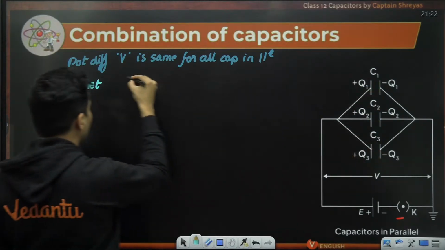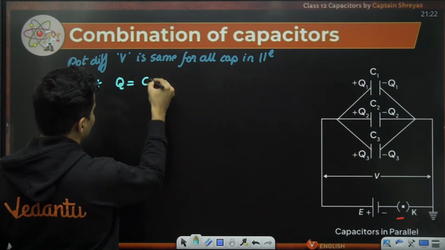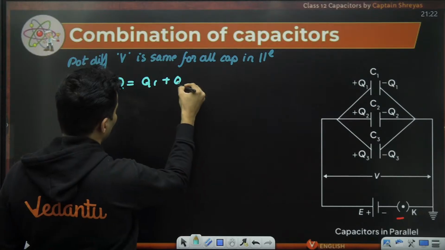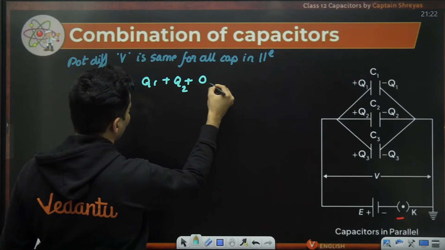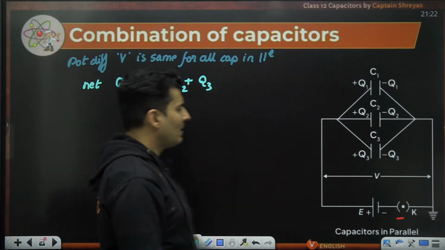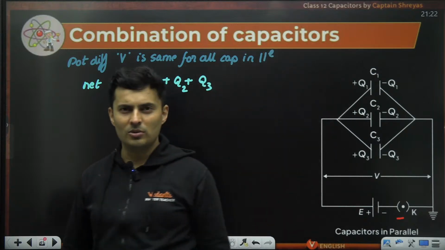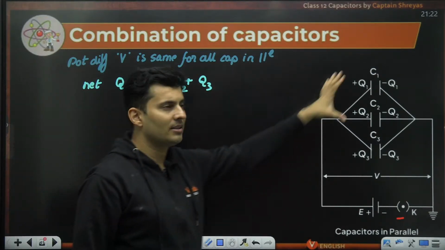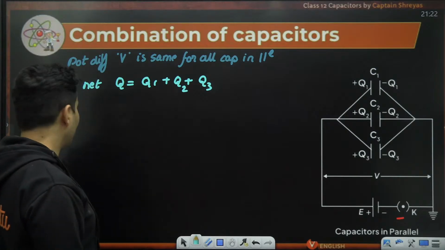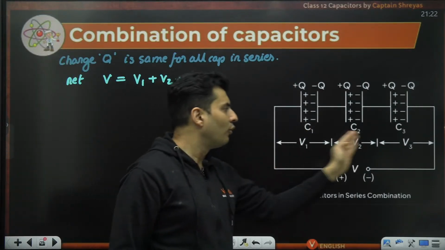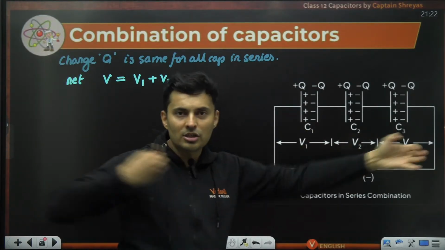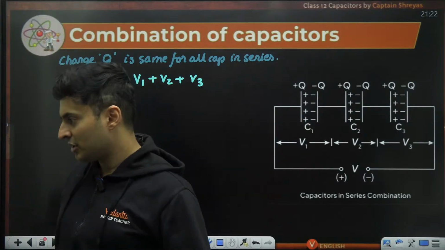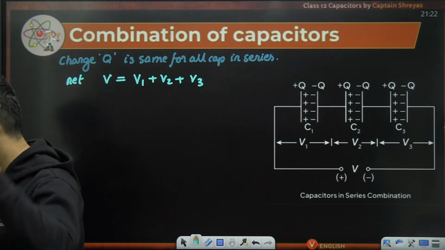So the total charge, if I say it is Q, it is the sum of Q1, Q2 and Q3. Is that right? If more capacitors are there, then Q4 will also come. So for parallel, the charge gets distributed. For series, it is the voltages which get distributed for the total voltage. Clear till this point? Give me a thumbs up, everyone.